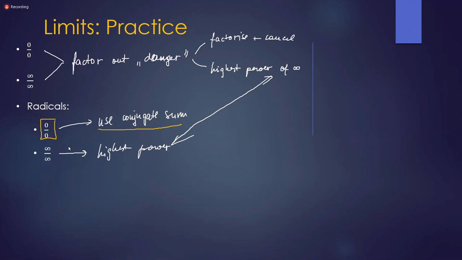So this is basically the same method for infinity over infinity, divide out the highest power, or actually the highest power from the denominator. It's even better.